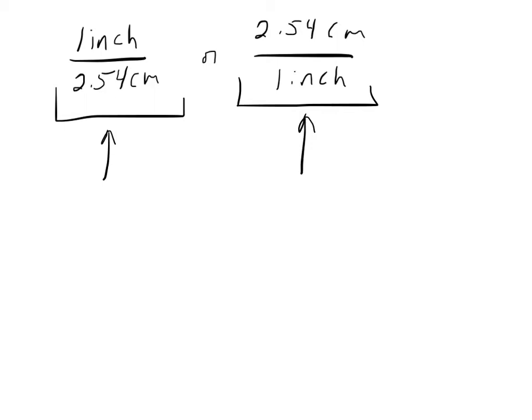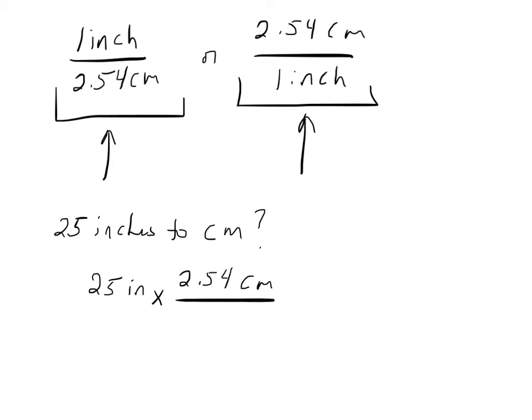So let's do a simple problem. How many centimeters is 25 inches? So we're going to take what we know, 25 inches, and we're going to multiply by a conversion factor. Now, what needs to cancel? The inches need to cancel. So we're going to multiply by 2.54 centimeters over 1 inch.